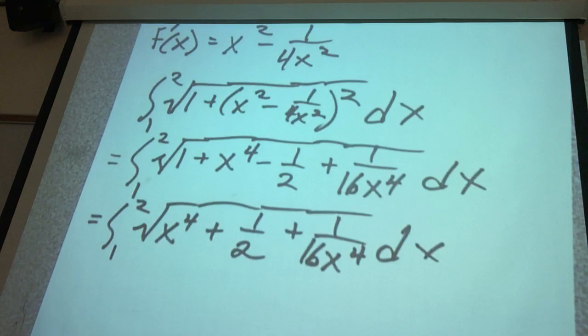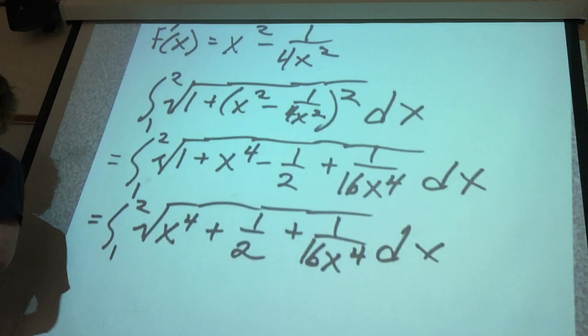Okay, so the reason that negative 1/2 is so important is because now we have a positive 1/2, and what we can do is we can unfoil this basically, okay? And what that allows us to do is get rid of this square root sign.